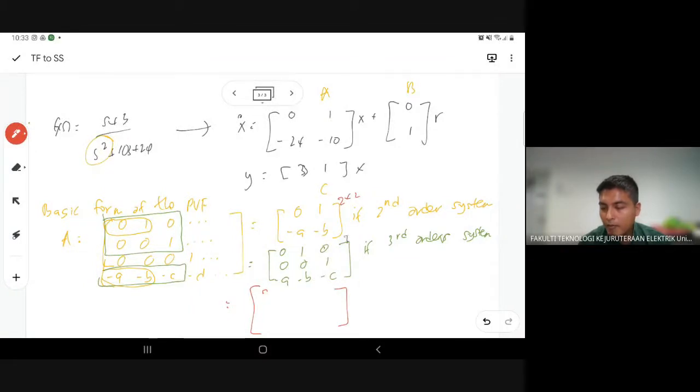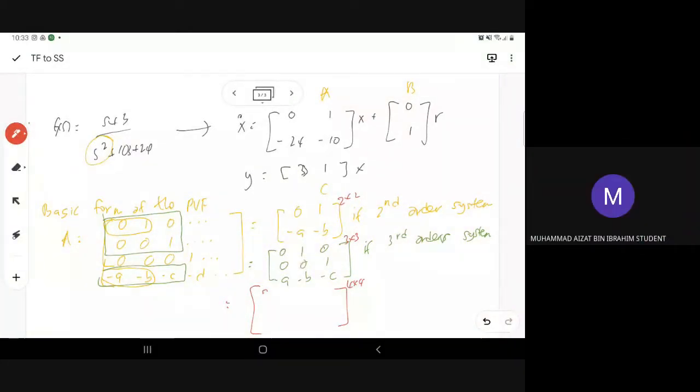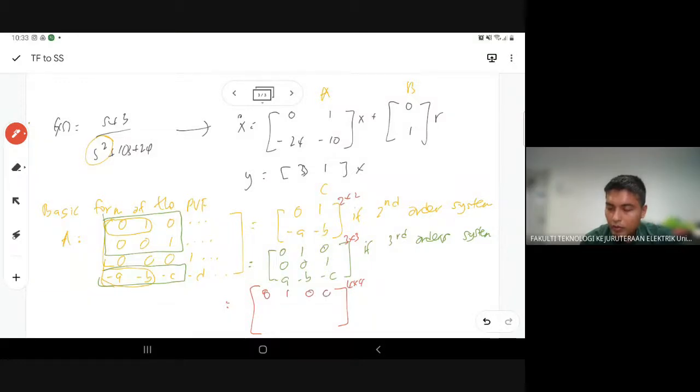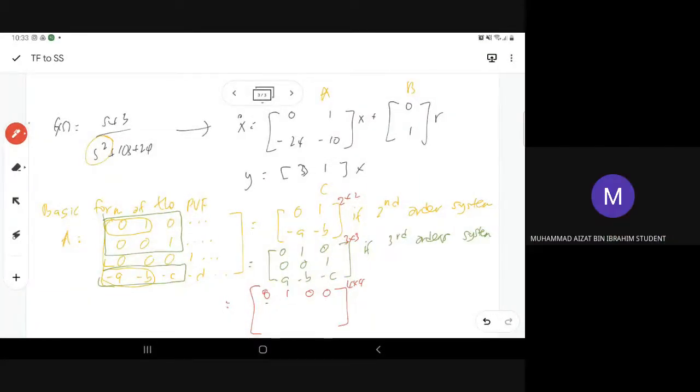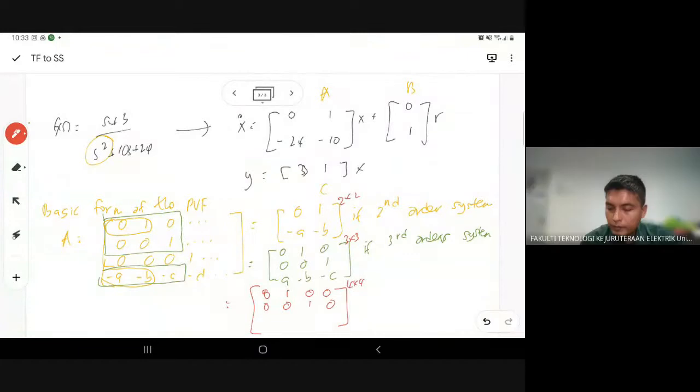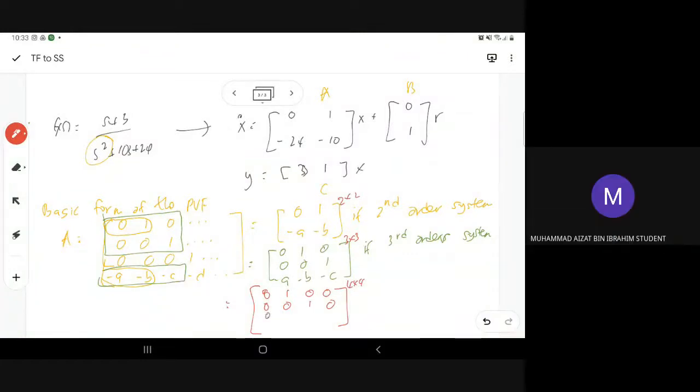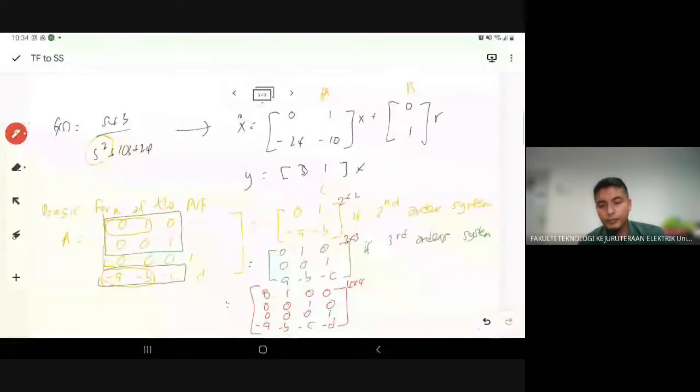How about 4 by 4? The basic form of the A matrix will be 0, 1, 0, 0, 0, 0, 1, 0, 0, 0, 0, 1, and then negative A, negative B, negative C, and negative D. That's correct. Okay, so this is for the A matrix.